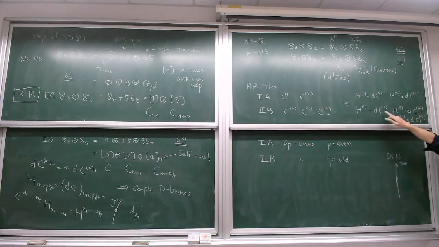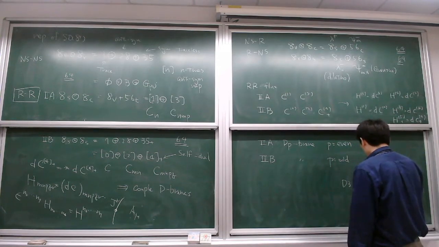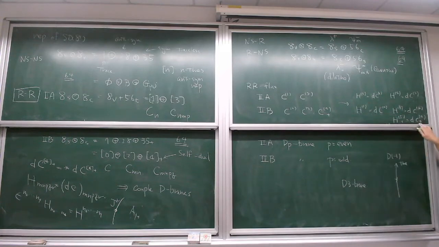Coupled to this one, and the D1 brane couples to the two-form, and then your favorite D3 brane couples to the self-dual 4-form.